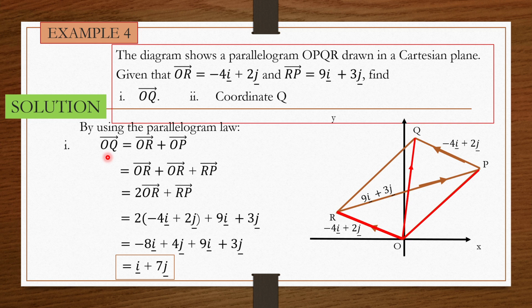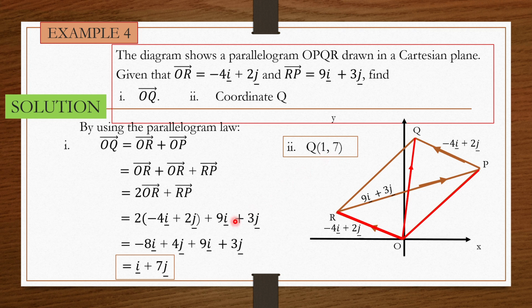So here OQ originates from the origin to point Q. So in order to find coordinate Q, you just refer to the position vector OQ. The position vector OQ is i plus 7j. Therefore, the coordinate Q will be 1, 7.